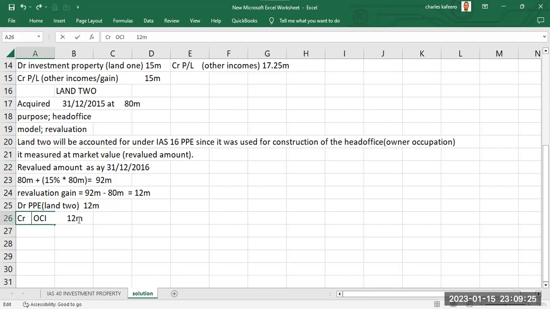So this revaluation gain will be taken to the balance sheet as an equity component, as a revaluation surplus in the balance sheet for 2016.